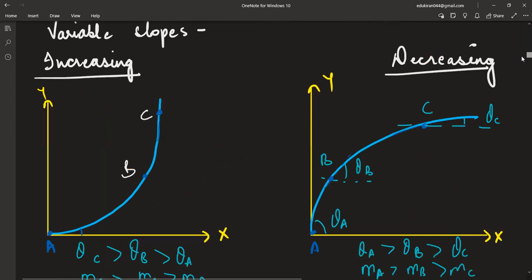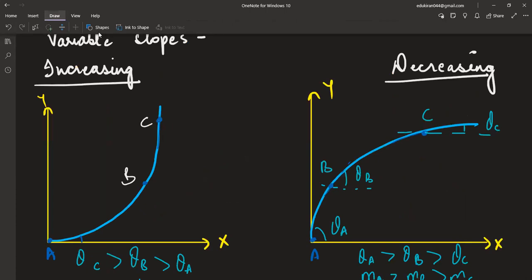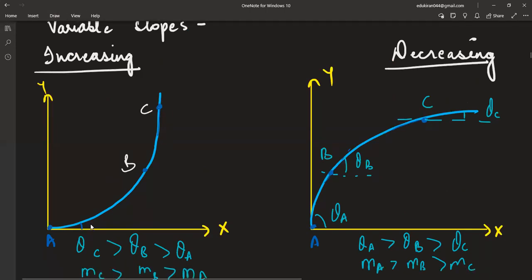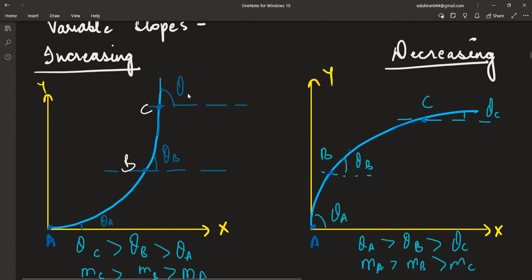Now regarding a variable slope, look here, this is an increasing slope. How do we identify that this is an increasing slope? Again, let's say this point is theta A. Now take point B, make a line parallel to the x-axis, take theta B. Again, this is point C. Make this angle theta C. Can you see angle A is so small, angle B is greater, and angle C is the greatest?